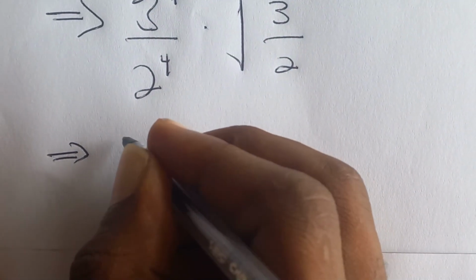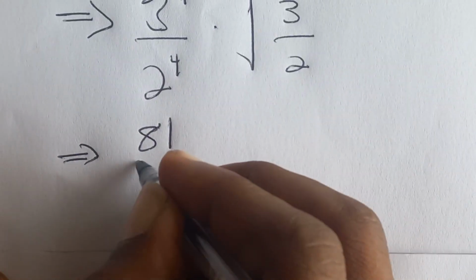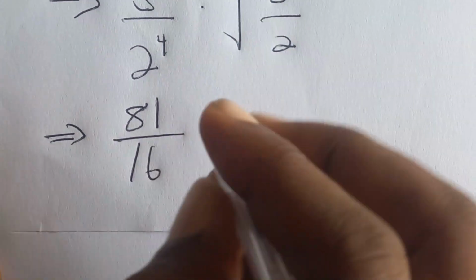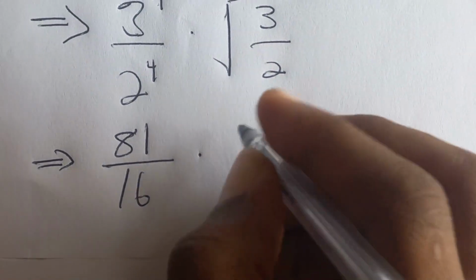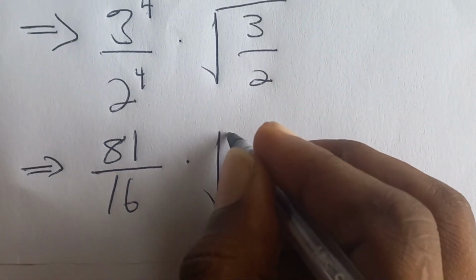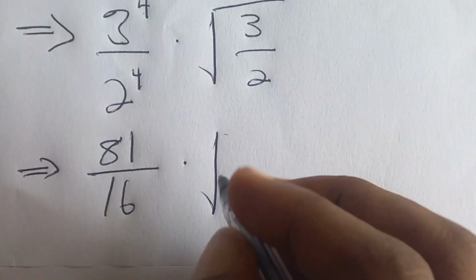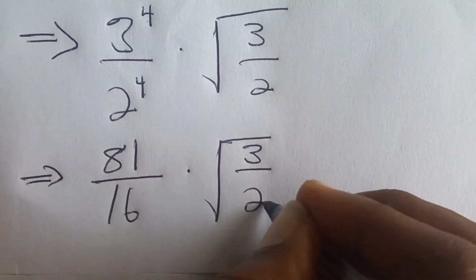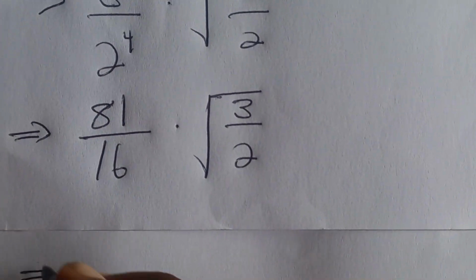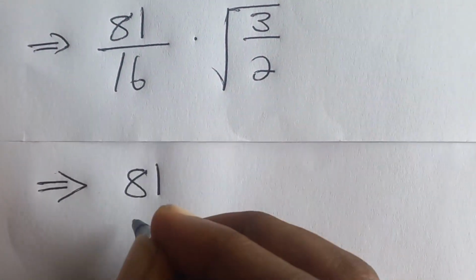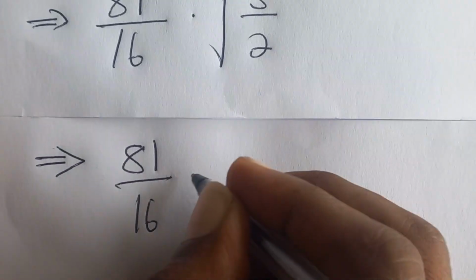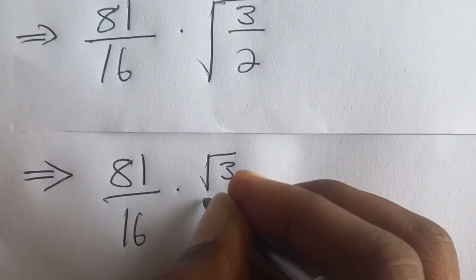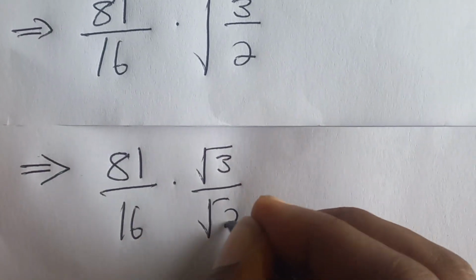So we are going to get 81 over 2 exponent 4, which is 16, multiplying by square root of 3 over 2. So we can rewrite this as 81 over 16 multiplied by root of 3 over root of 2.